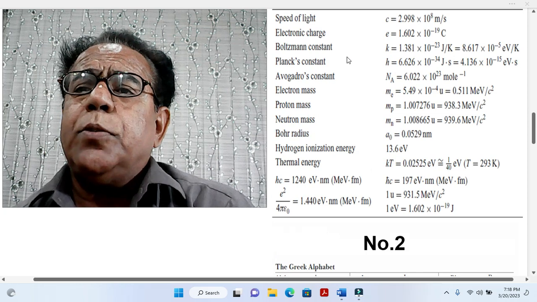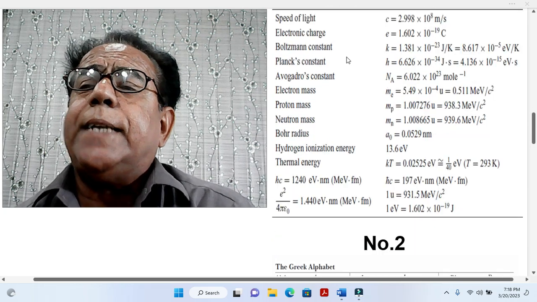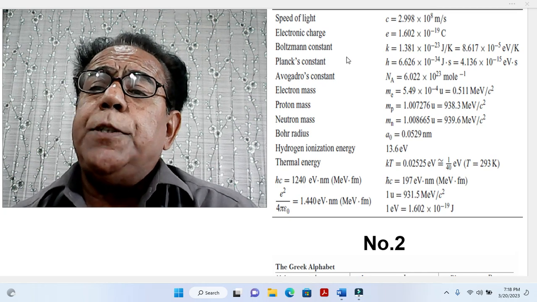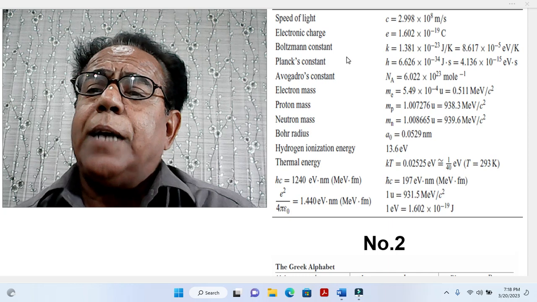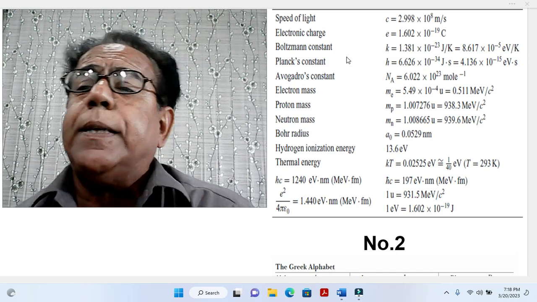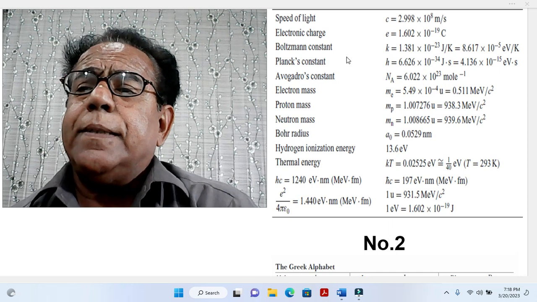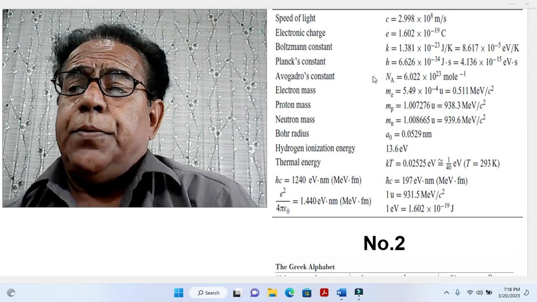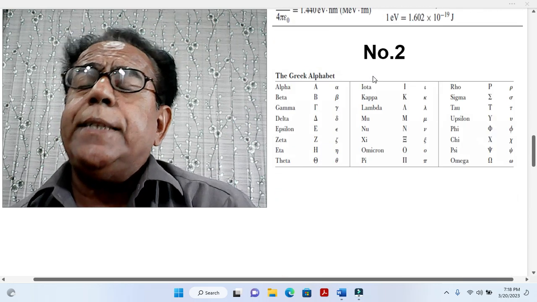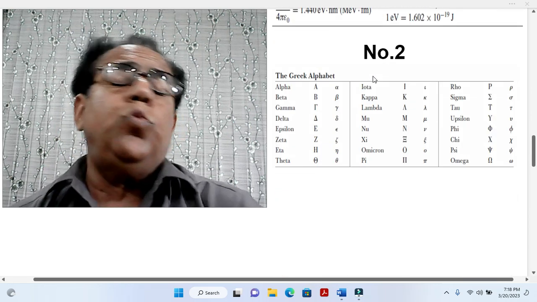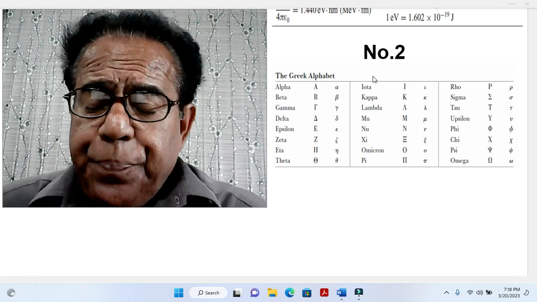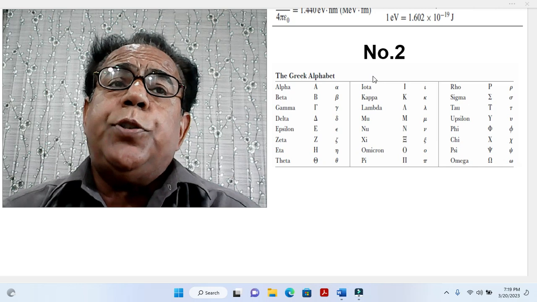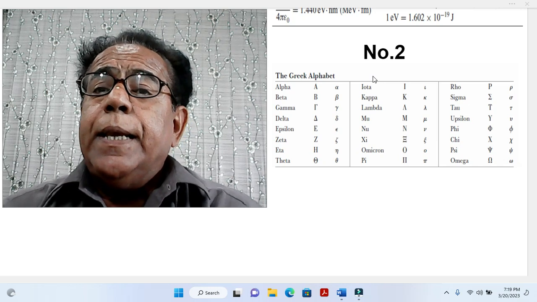Before starting our solution we come to helping tools. The first helping tool is this table, which has already been used many times. In this table not only the speed of light is given but also Planck's constant h, in two different patterns or systems. Tool number 2 has been shown just to ensure that the symbol used for work function is phi.